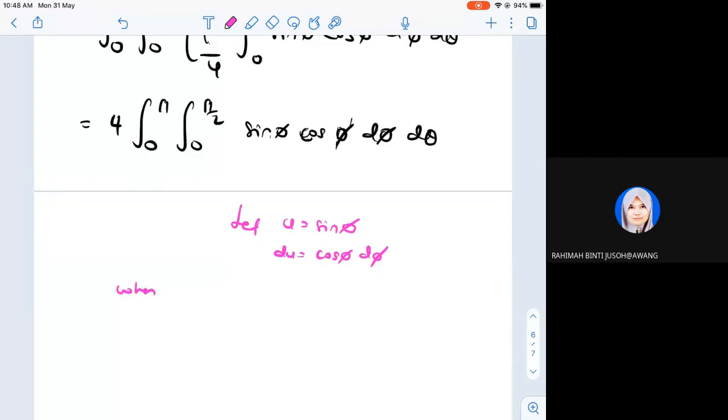So when phi equals pi over 2, then we will have u equals sine pi over 2. So sine pi over 2 is 1. And then when phi equals 0, we will have u equals sine 0, equals 0. Alright?